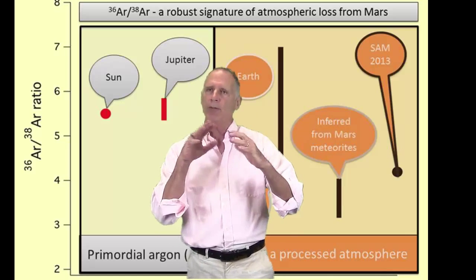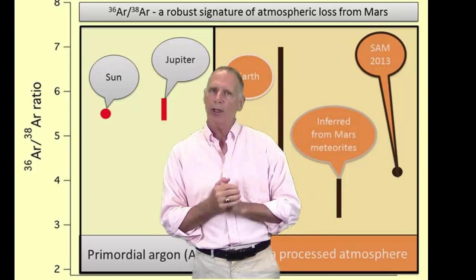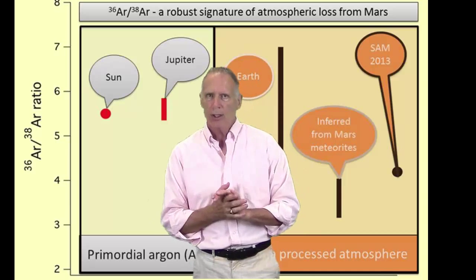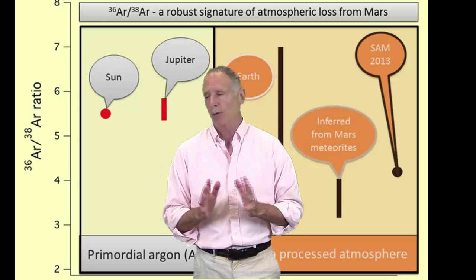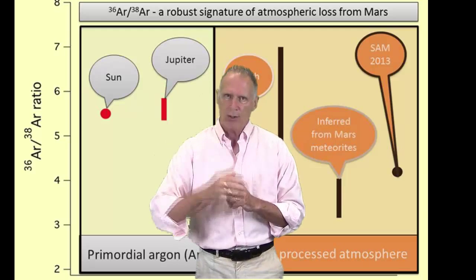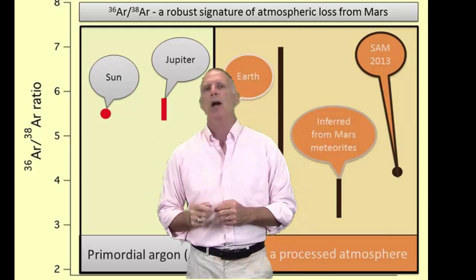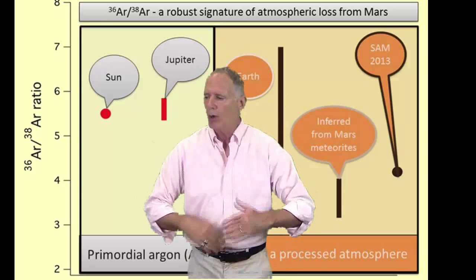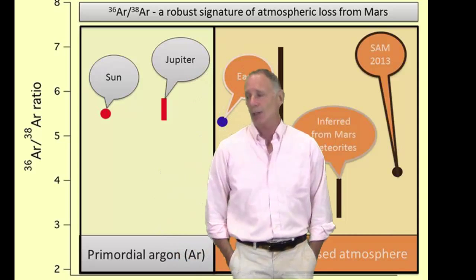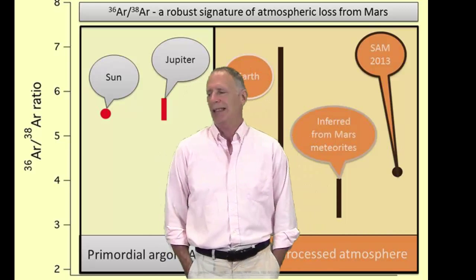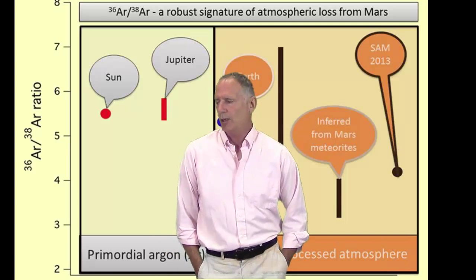So you'd expect from escaping gases, due to the solar wind or any process, and there are several processes which I won't go into, that cause the gases to escape out into space, they would preferentially take argon-36 and therefore lower the argon-36/argon-38 ratio, and so that's why Earth is probably a little bit lower than the Sun and Jupiter.